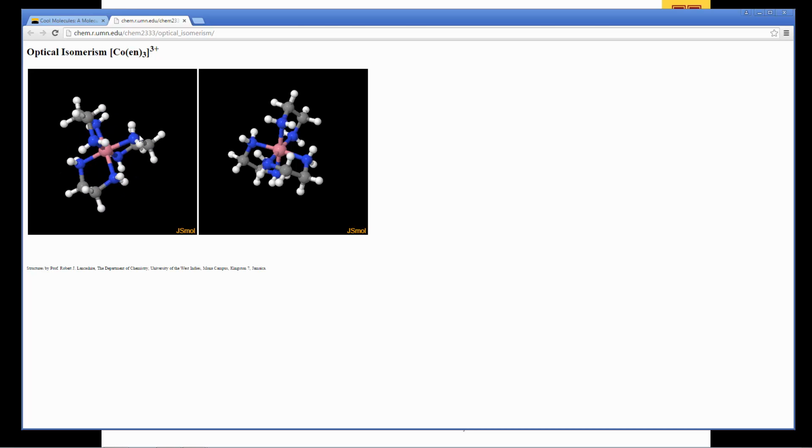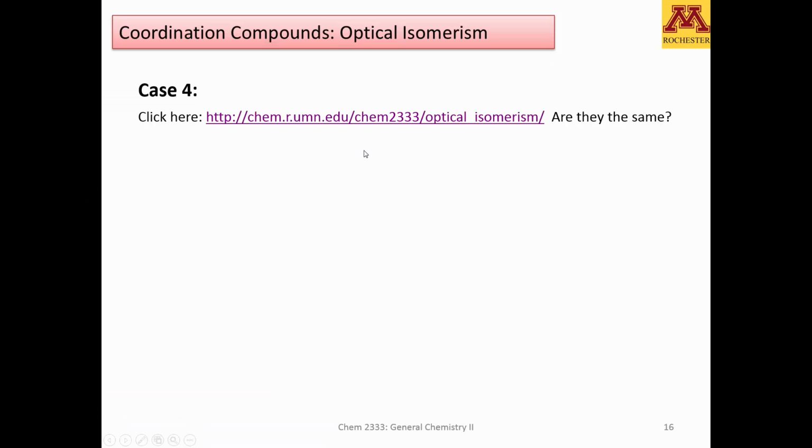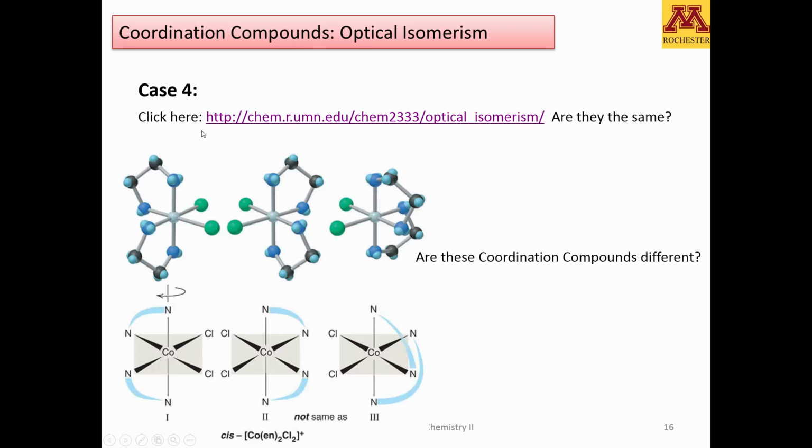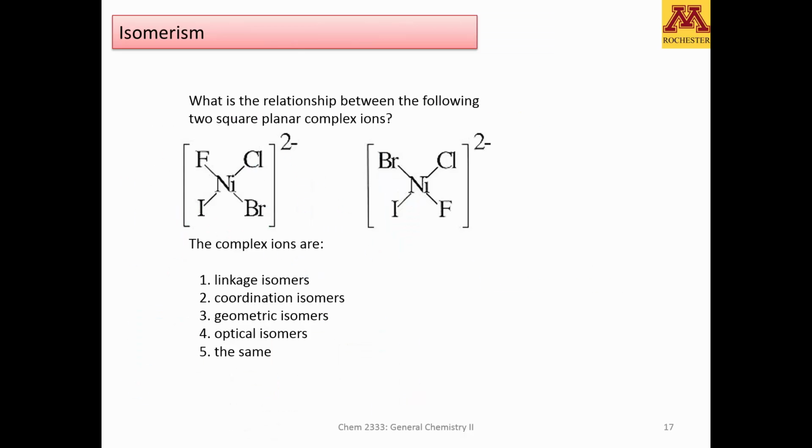They are chiral compounds, and what we call them is optical isomers. Okay, so there will be either S or R, but you do not have to identify which one is which, but it's typical when you have at least a bidentate ligand. So what we said is called optical isomerism.